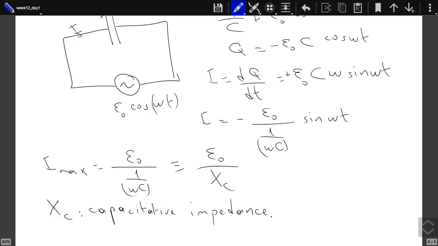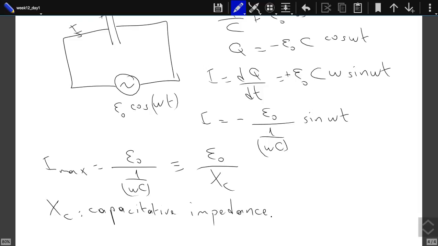Well, it is similar to the resistance in the sense that the maximum current is the maximum EMF divided by this impedance. But it's not really a resistance. You see, epsilon goes with cosine omega t, whereas the current goes with sine omega t.